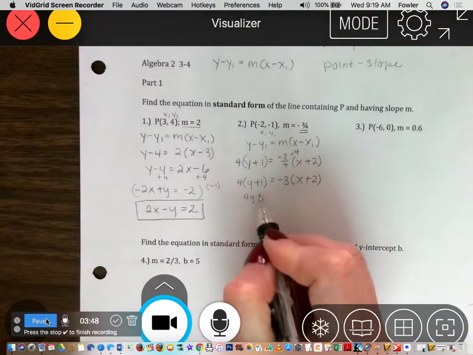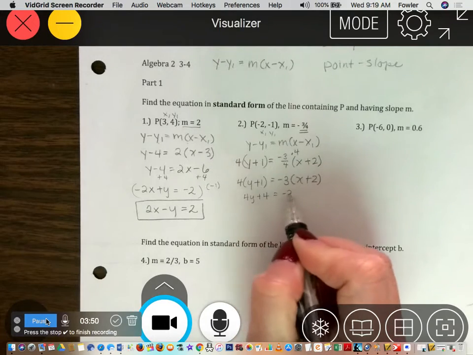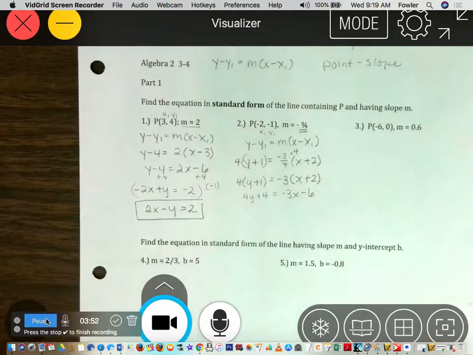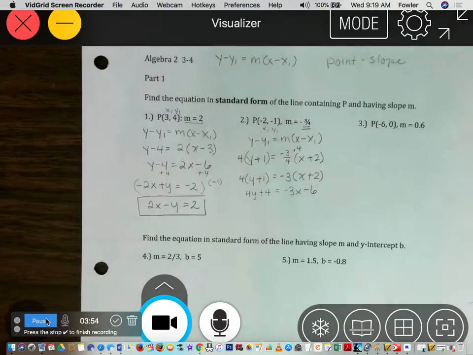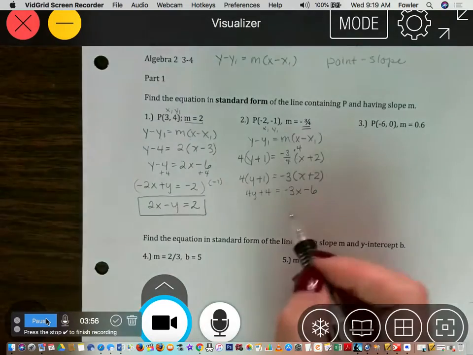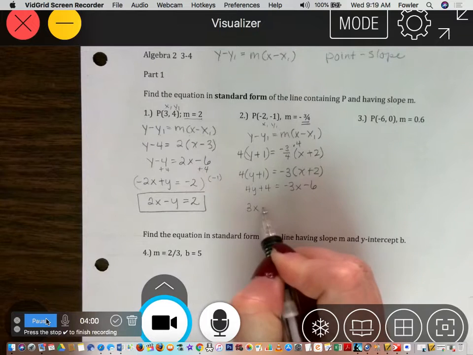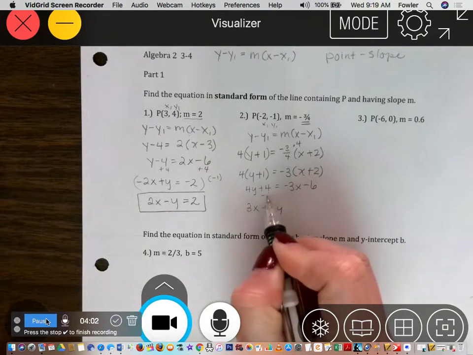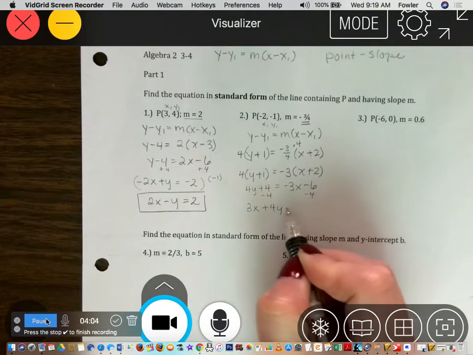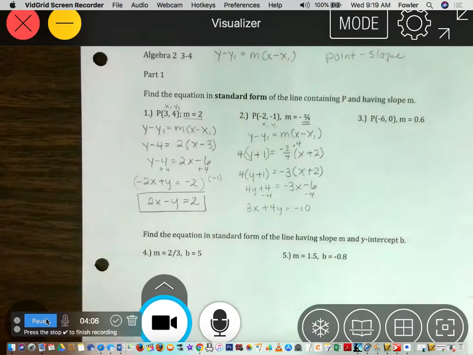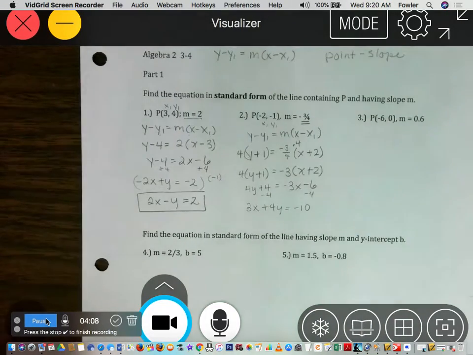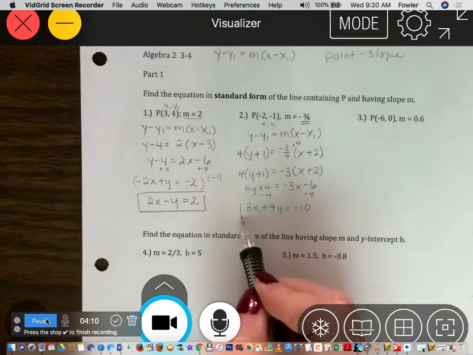Distribute the 4, so 4y plus 4 is equal to -3x minus 6. And then finish getting it into standard form. Add the 3x over, subtract the 4, and I'd have 3x plus 4y is equal to -10.